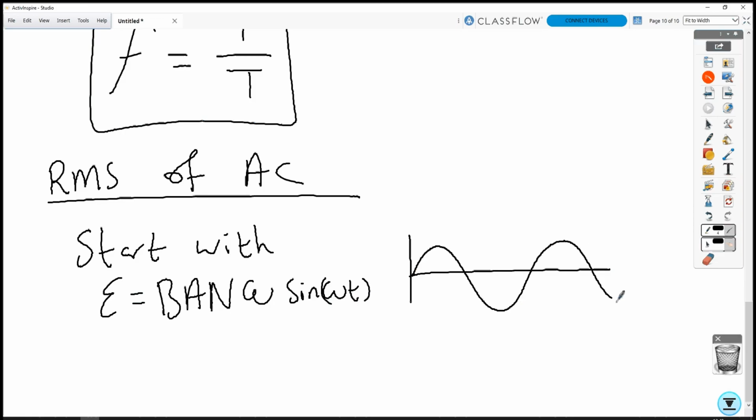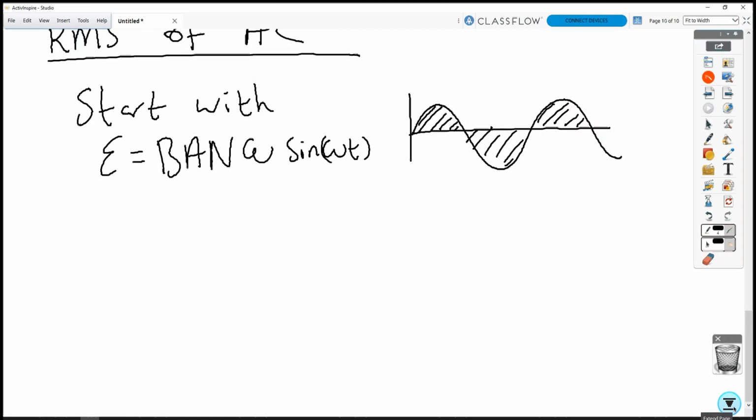That gives us a graph that looks something like this. Then we square it. So square the function.